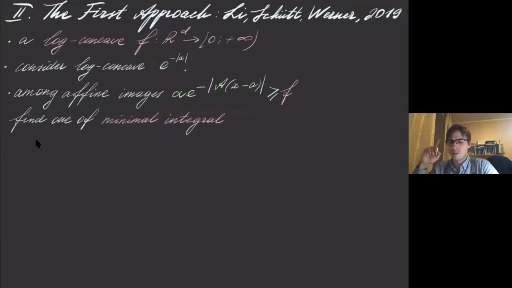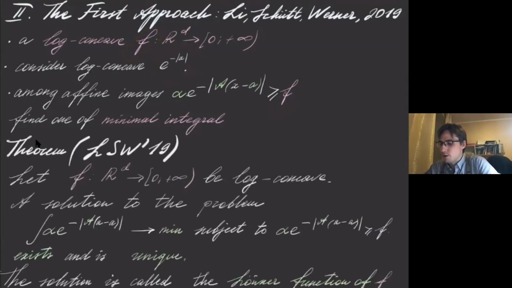Well, you may recall that in the convex setting, you were given a body and the Euclidean unit ball, and you were looking for an affine image of the Euclidean unit ball containing your given body K. Here you are given a log-concave function, and in the family of affine positions of such a log-concave function, you look for the one that is pointwise at most f. It means just it contains f in its subgraph, and you're required to be of minimal integral.